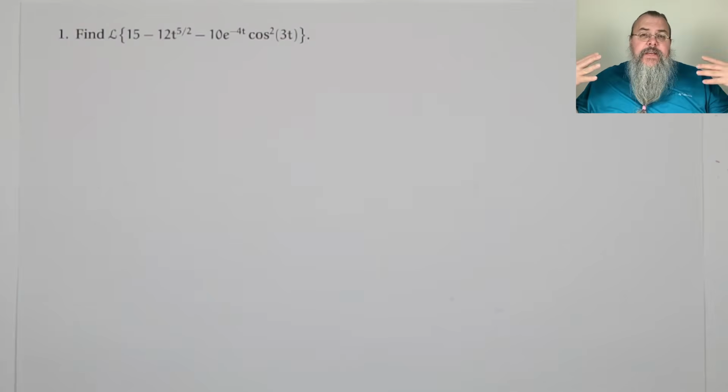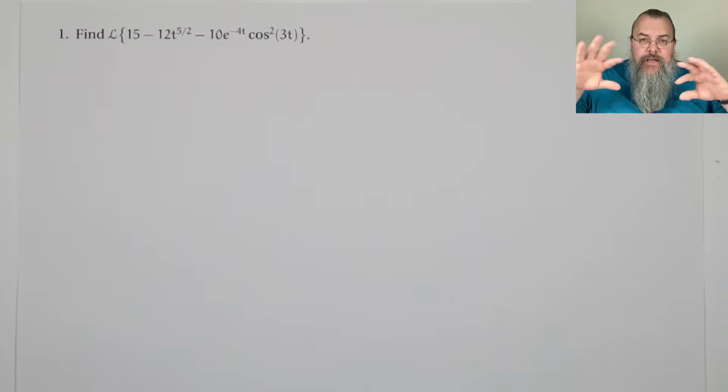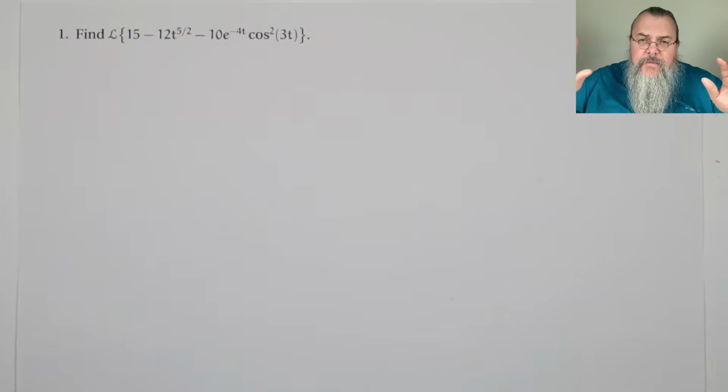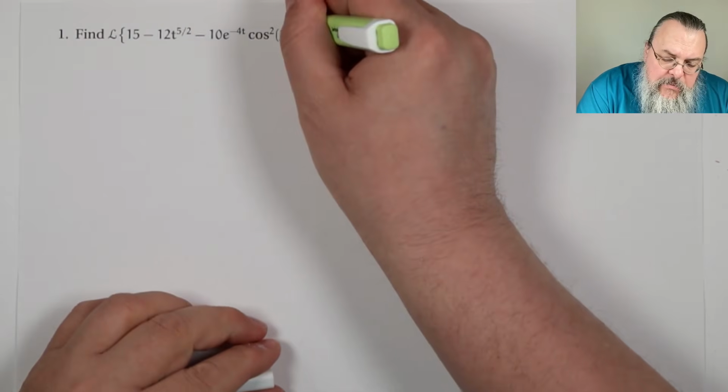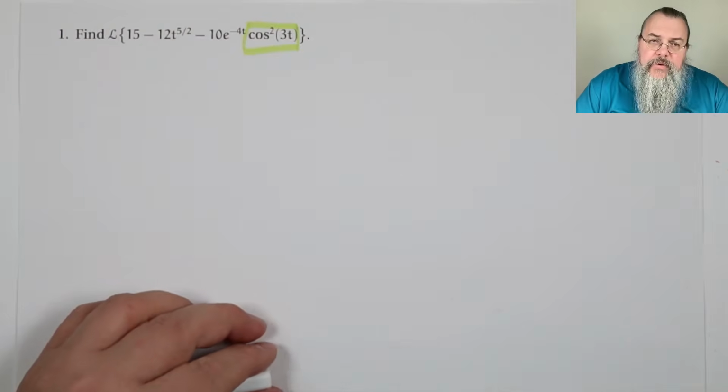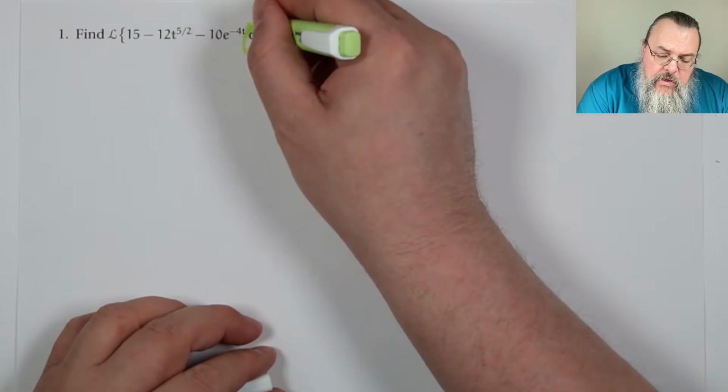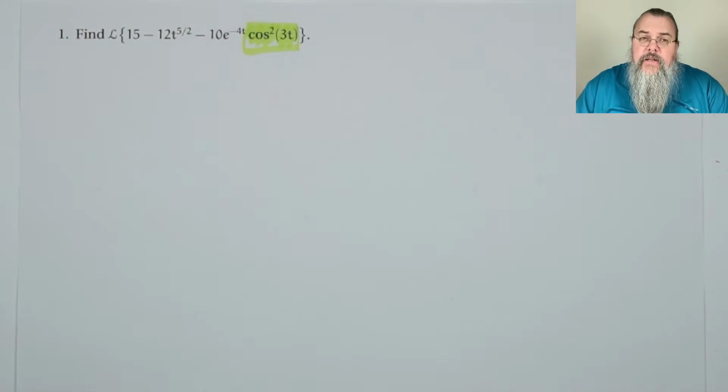So if it's not a straight up sine or a straight up cosine, maybe some other pieces attached, but we'll get to those later, then we need to do some work. So we say, all right, let's think about cosine squared 3t. What can we do to rewrite this using things that'll make us happy? In other words, get rid of the square.